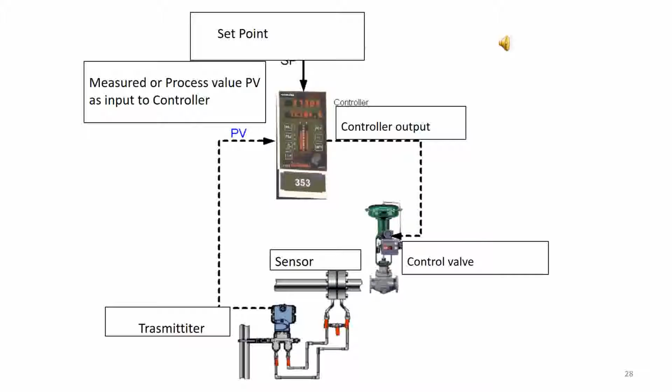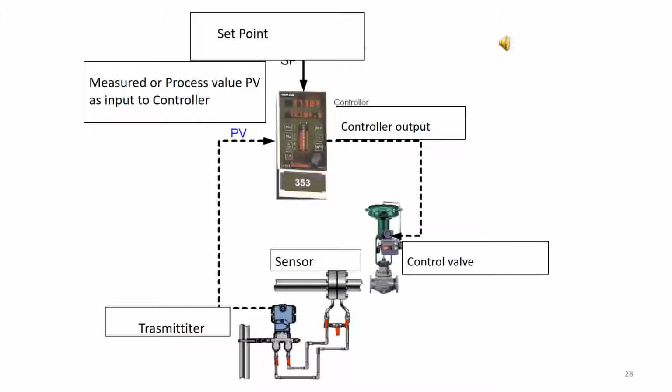The following picture is the schematic representation of flow control loop. Sensor is orifice plate. Flow causes a pressure drop on orifice plate. Pressure before and after orifice plate, call it differential pressure, is sent as flow signal to differential pressure transmitter, which produces a 4 to 20 milliamperes signal proportional to flow and sends it to controller.